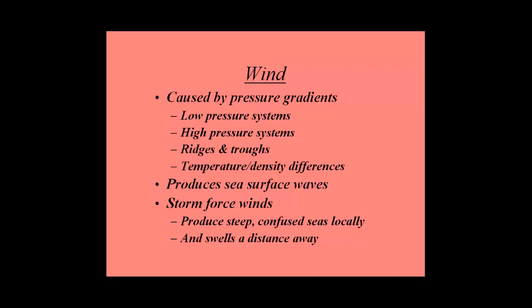These waves are the locally generated waves where the wind is taking place, but also the wind will generate swells that travel a long distance. If you have storm force winds that you're dealing with, you'll end up with very steep, confused seas locally where the storm is, and then the swells will flow out from that point and really flow entirely across the ocean and affect other areas of the world.